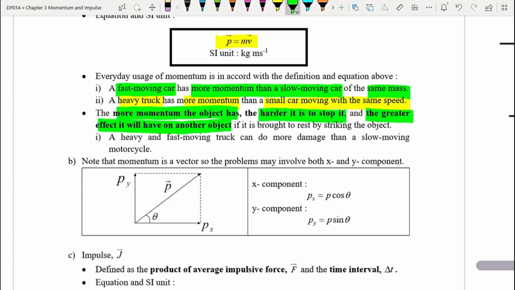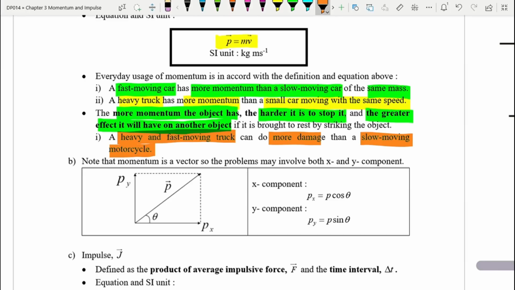Okay, so contoh yang kita boleh bagi dekat sini adalah, a heavy and fast moving truck can do more damage than a slow moving motorcycle. So kita compare dua objek, truck tu lebih berat compared to the motorcycle. So bila diorang collide, contoh dia ada collision between the truck and motorcycle, and the truck, dia punya speed is higher and the mass is greater compared to the motorcycle.